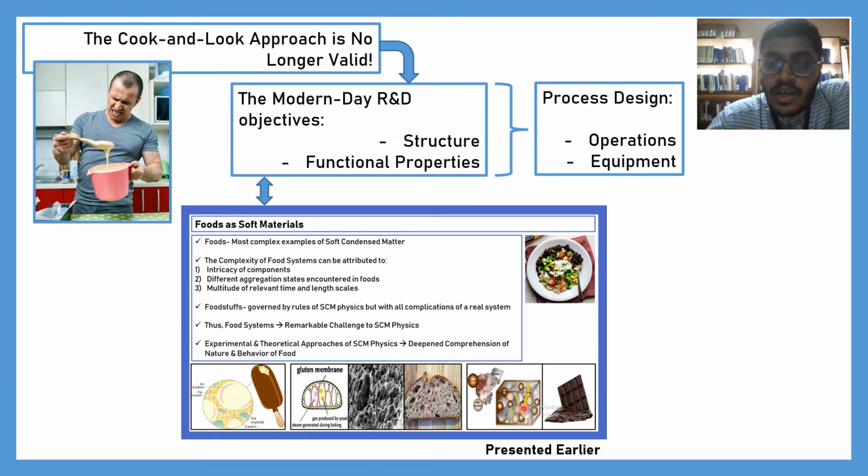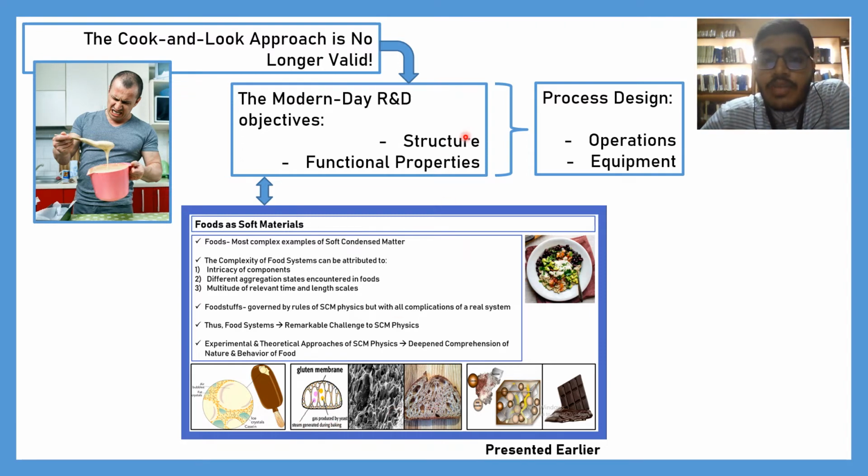Similarly, how the interplay between ingredients of chocolates, for example, the lipids, sugar molecules, and water, affects the mouthfeel of chocolates, and also how the gluten network affects the texture of bread.